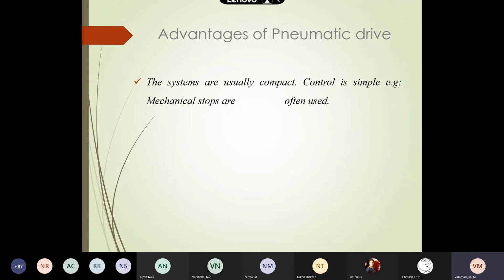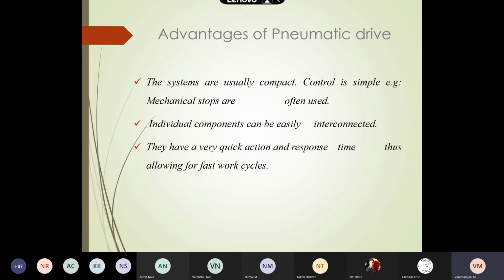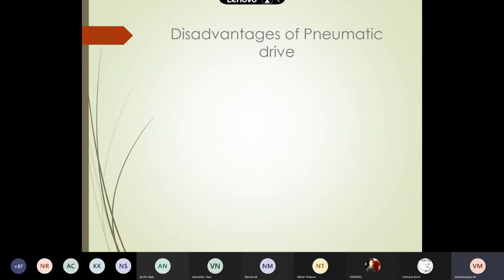The control is simple. Mechanical stoppers necessarily have some transmission system, which in the case of pneumatic drives we don't have, as there are no mechanical components. Individual components can be easily interconnected. They have a very quick action and response time, thus allowing for a fast work cycle.